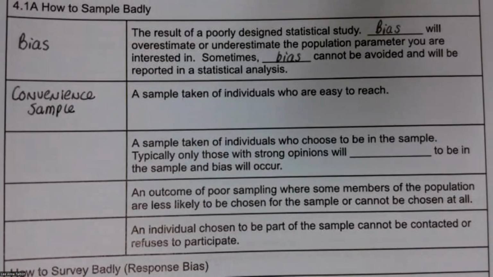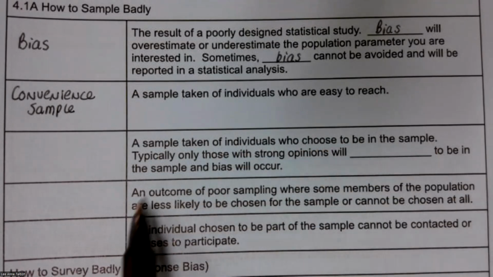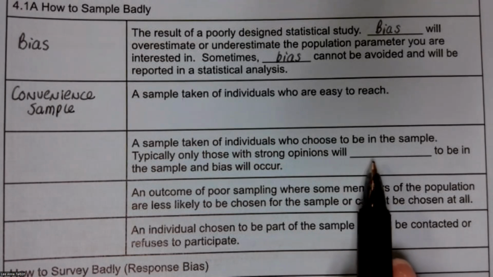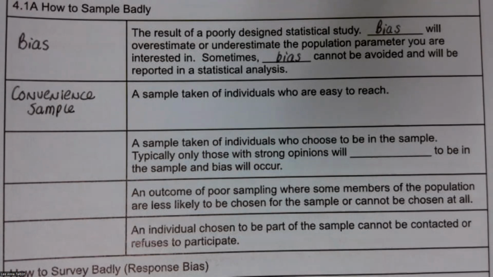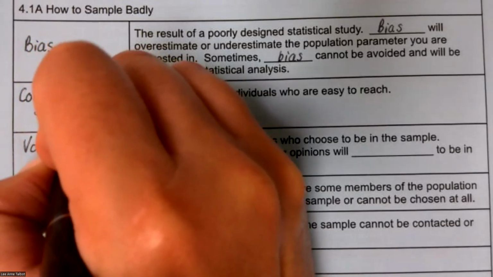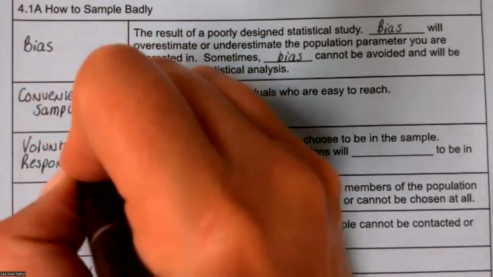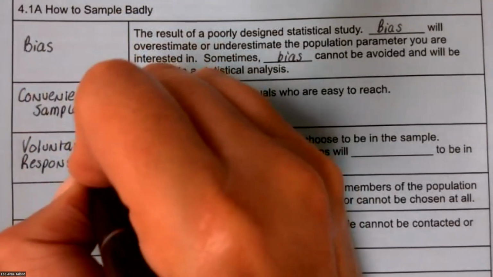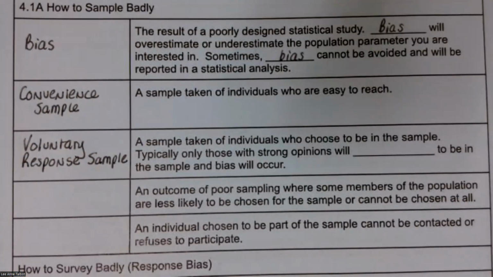Probably not a really great representation of everyone. A sample taken of individuals who choose to be in the sample. Typically only those with strong opinions will volunteer to be in the sample and bias will occur. I heard it. Voluntary, thank you. It's called a voluntary response sample.